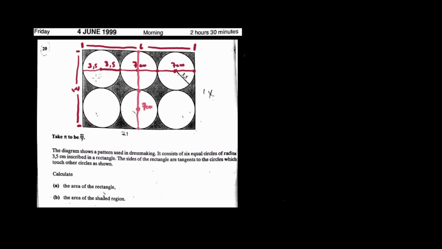I really hope kuti mabata logic yatashandisa kutsvaga the length nekutsvaga the width uchishandisa ma diameter or ma radius ema circles edu ari mukati me this rectangle. Statement iyi rakakosha zvisingaitira kupedzisira rakanzi the sides of the rectangle are tangents to the circles which touch other circles as shown.